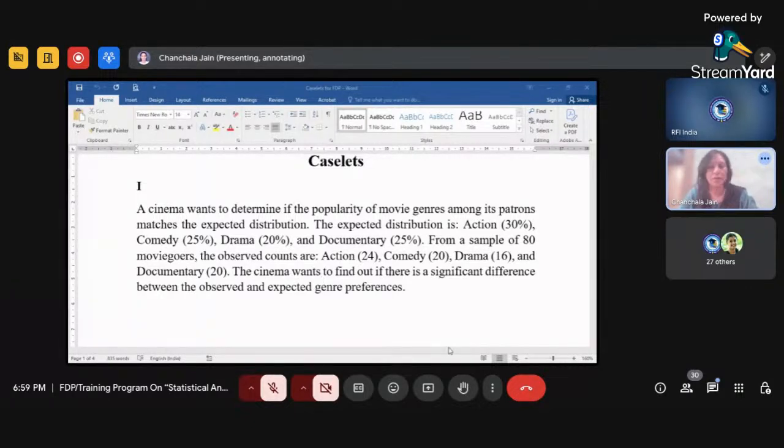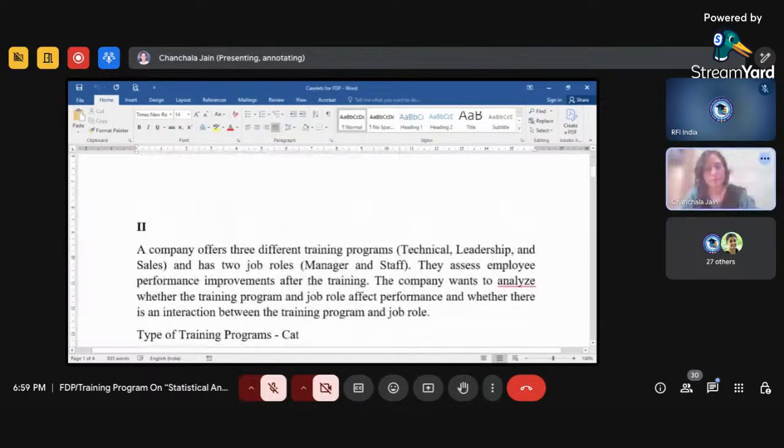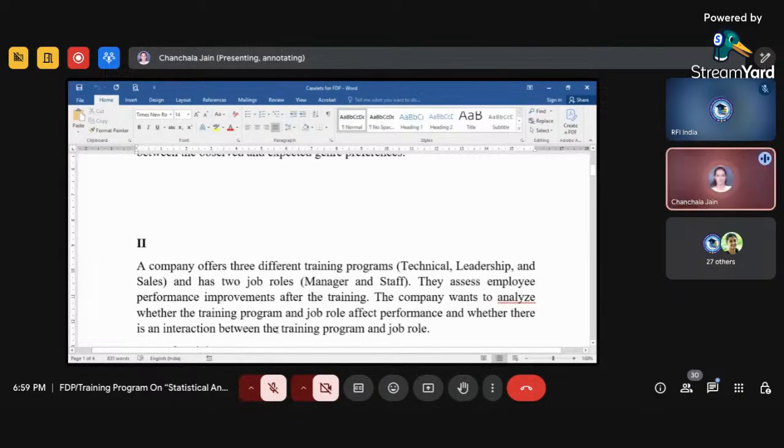Shall I proceed to the next? I hope it is visible.